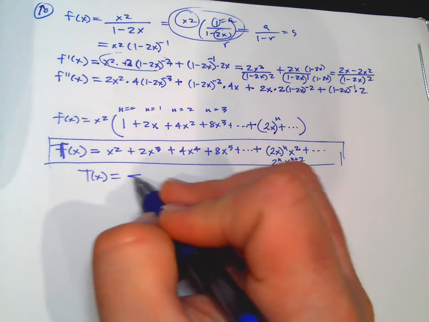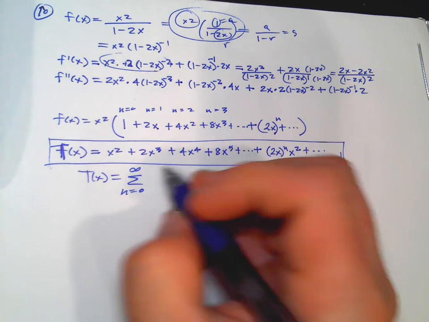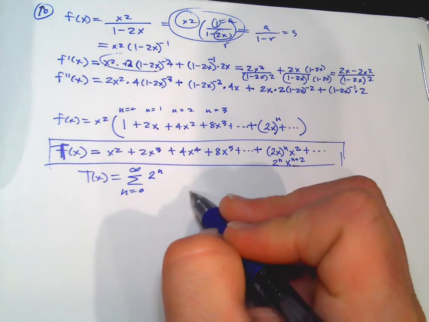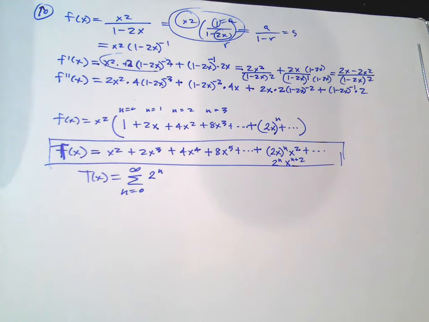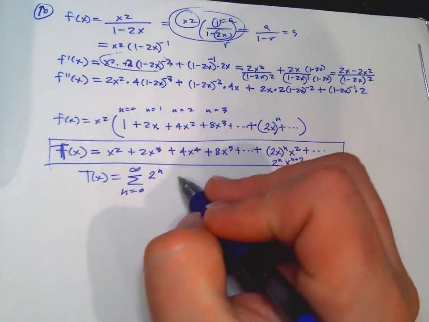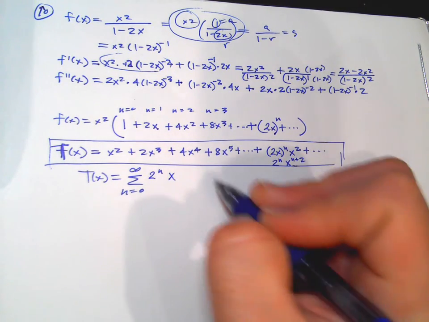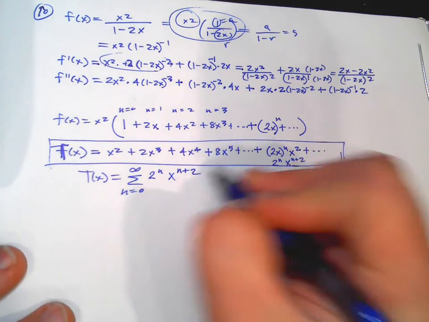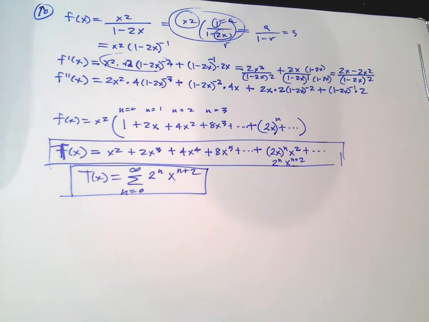But it would be the sum from n equals 0 to infinity of 2 to the n x to the n plus 2. Now, this is different than what I have written down in my work. But I'm kind of feeling good about this one.